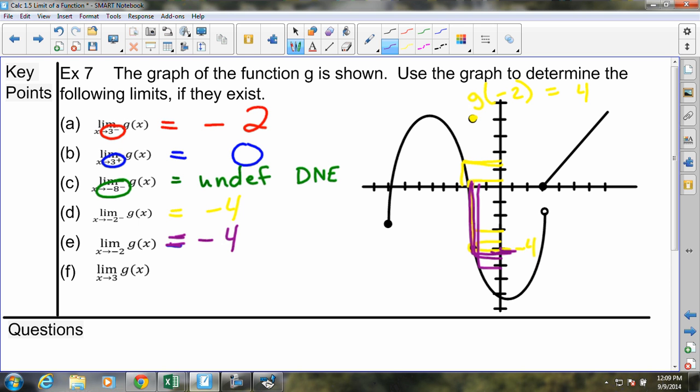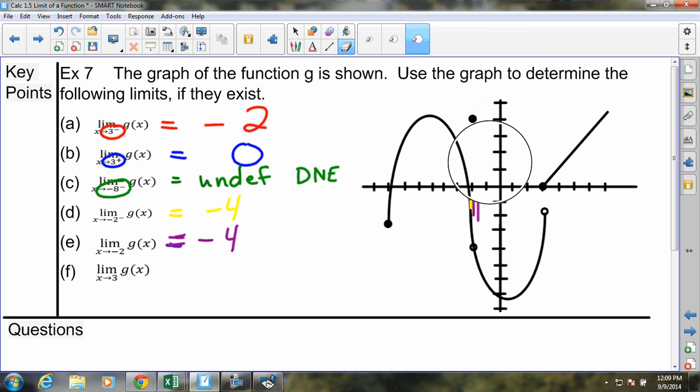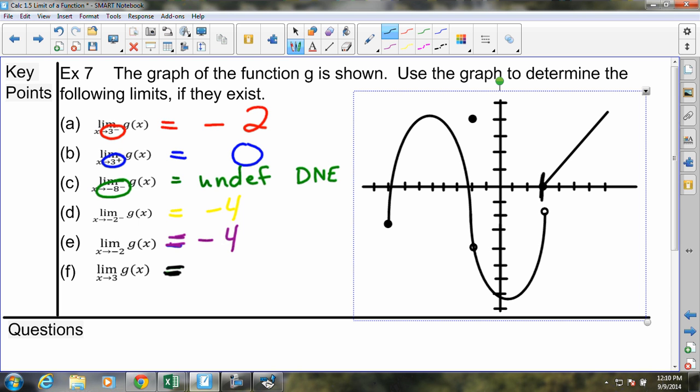And last one, we'll switch to the limit as g of x approaches 3. I suppose I should do this one in black because I haven't used black yet. As x approaches 3, coming from the left-hand side looks like it's about, right around negative 2.